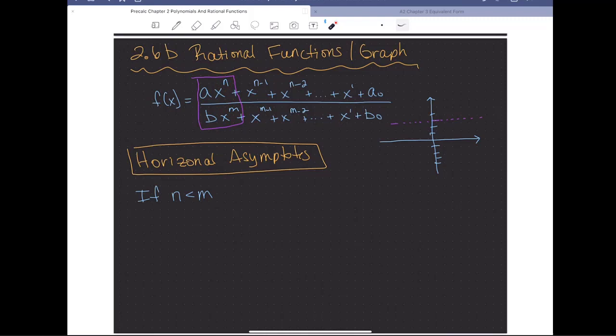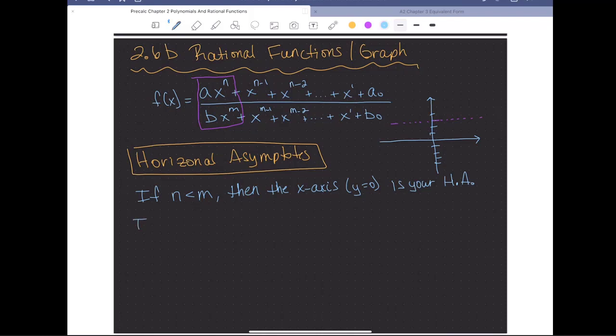If the degree in our numerator is less than the degree in our denominator, then the x-axis, which is the same thing as when y equals 0, is your horizontal asymptote. I'm just going to put HA in there. You good with that one? We'll go through some examples.